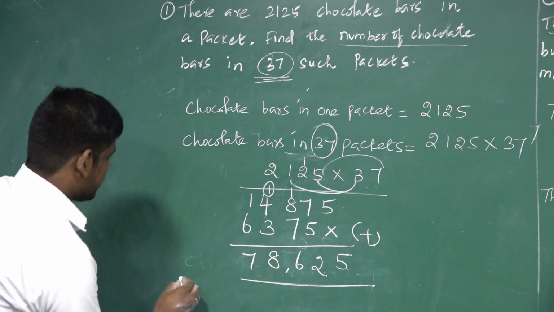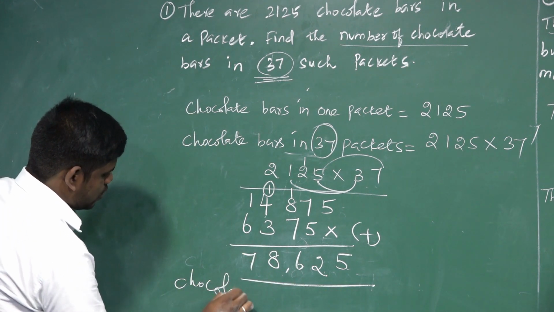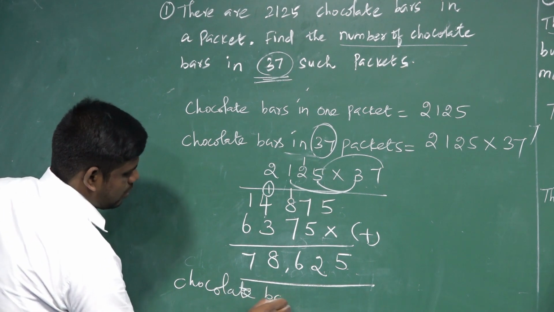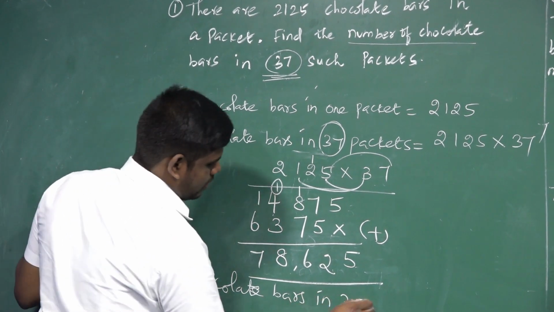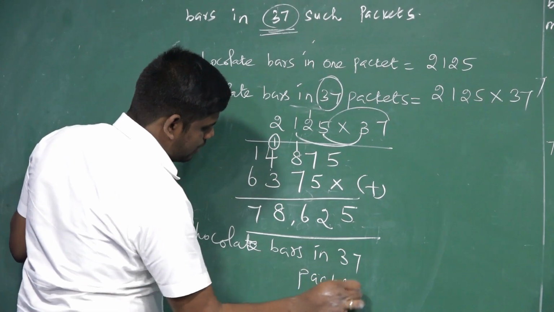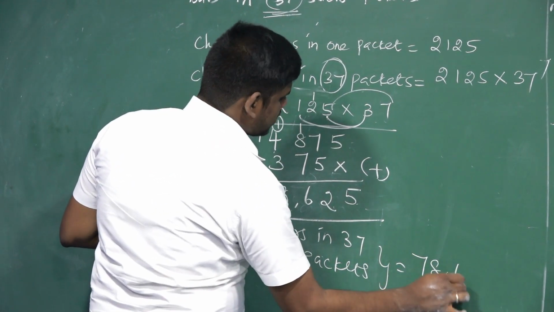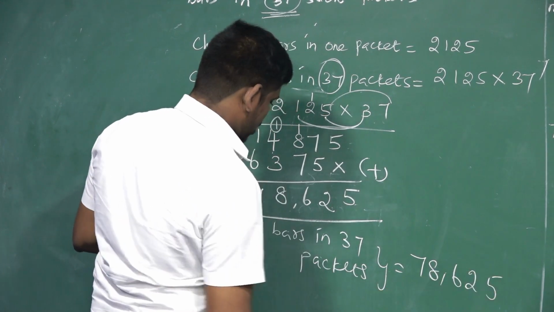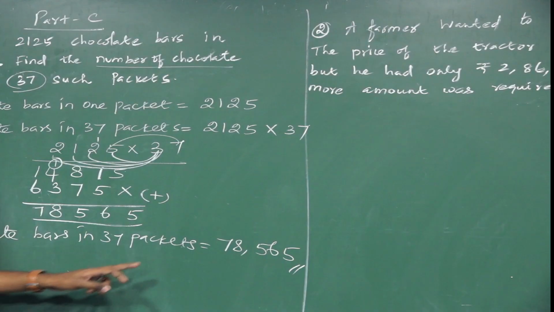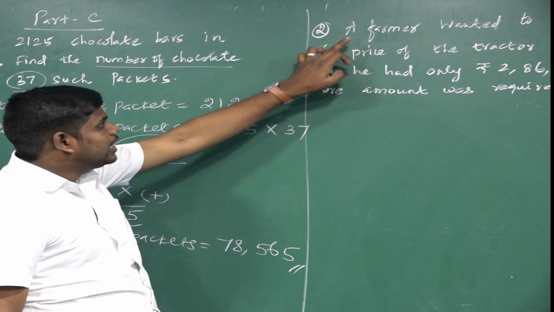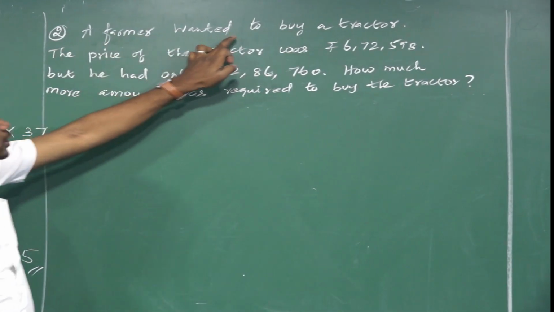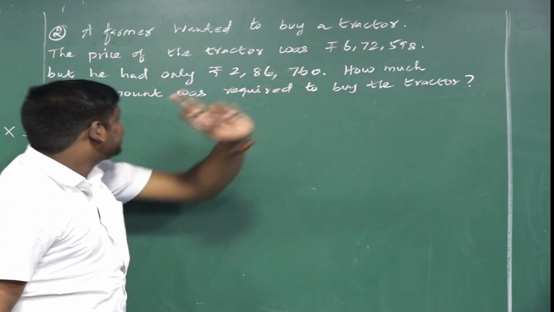So the answer is chocolate bars in 37 packets is equal to 78,625. Okay, come to the next question. A farmer wanted to buy a tractor.